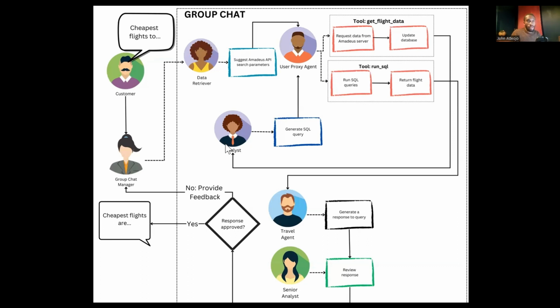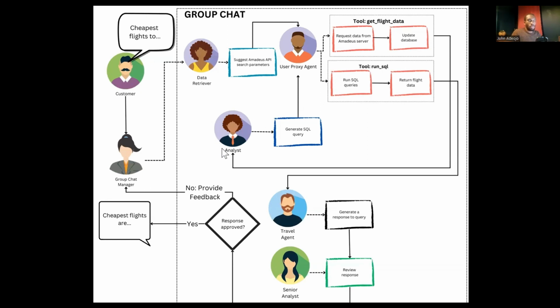So the reason the analyst understands what information is received from the customers is because it's passed to the group chat manager. So the analyst has access to that query. So what it does is it says, okay, we need the cheapest flights to Paris. I'll write a SQL query that can query the data that we have in Neon. And hopefully that should return the relevant information to answer that customer's query. So that's what the analyst is doing here.